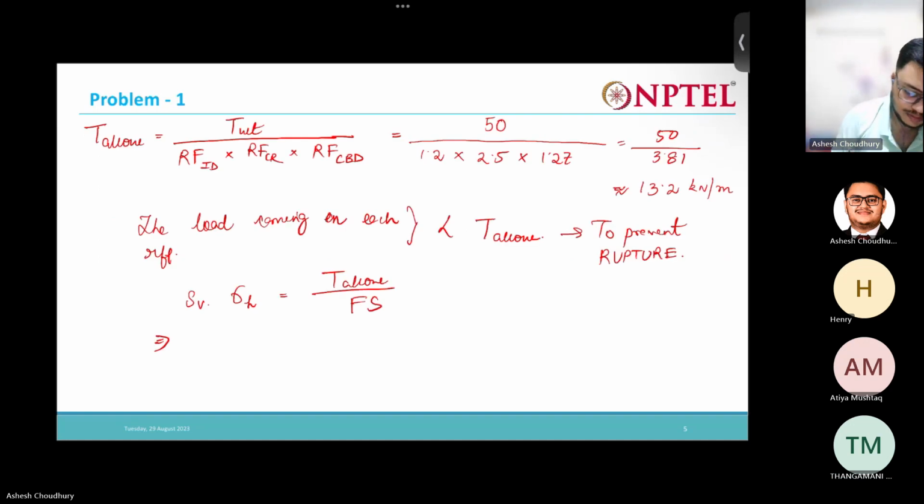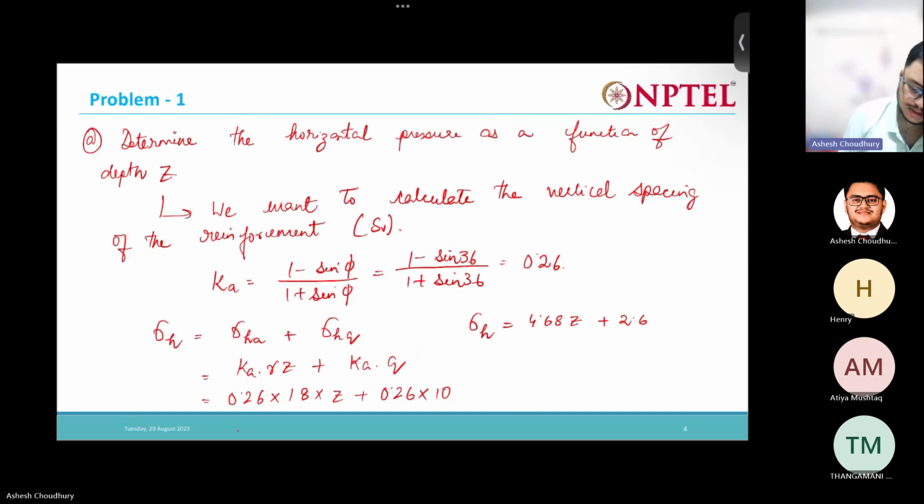So Sv is equal to T allowable divided by sigma H times the factor of safety. Sv is equal to 13.2 divided by, what is the expression for sigma H?